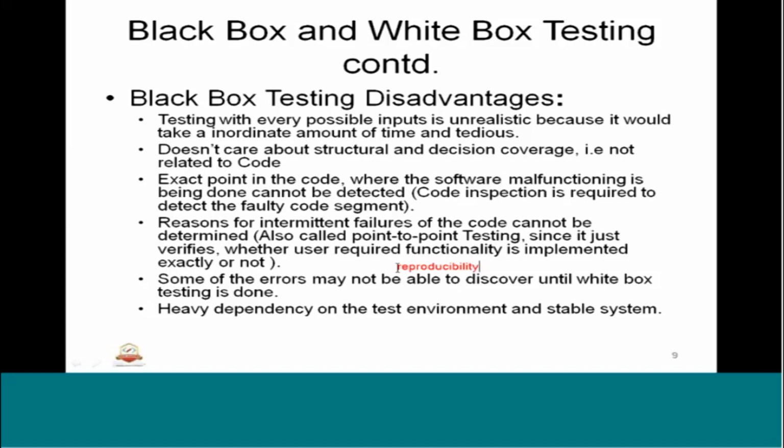That means we should be able to reproduce the issues that we found during the black box testing. So reproducibility is an important aspect, and in most cases it should be reproducible, but in one or two cases, or a few cases, it may be difficult. Those are called intermittent failures.